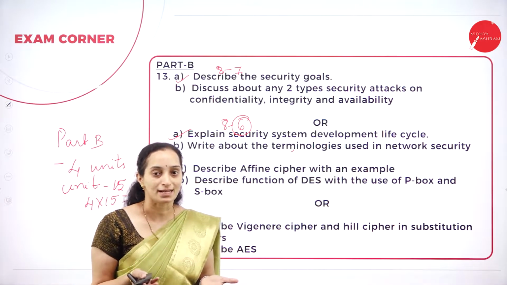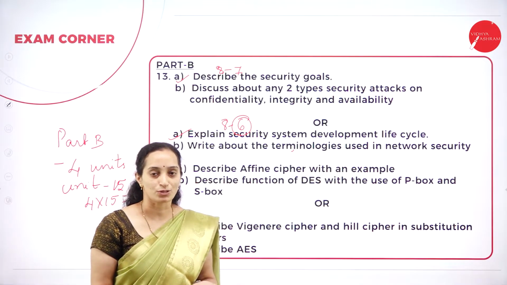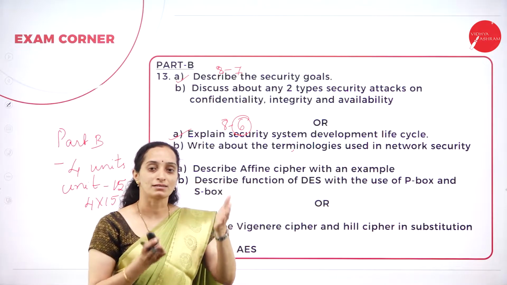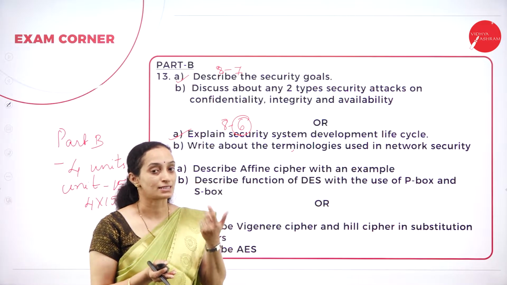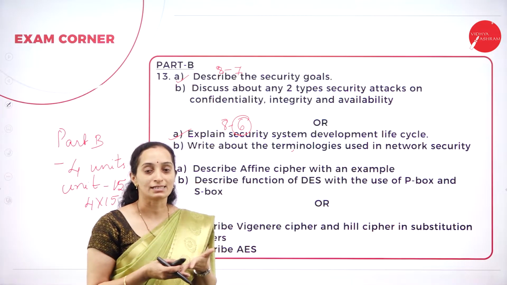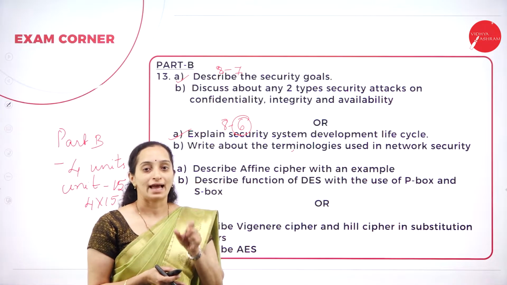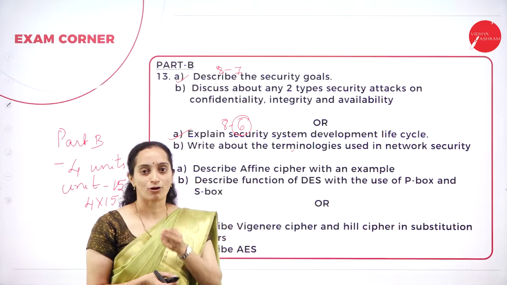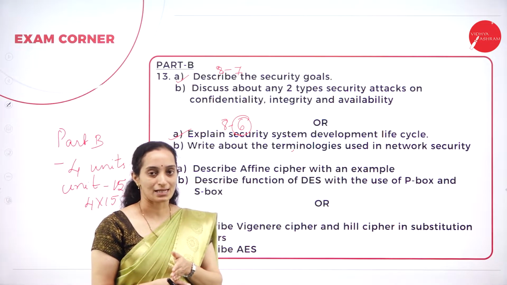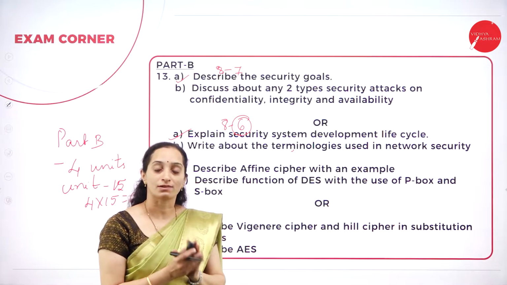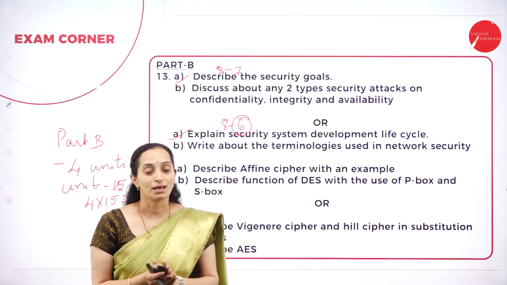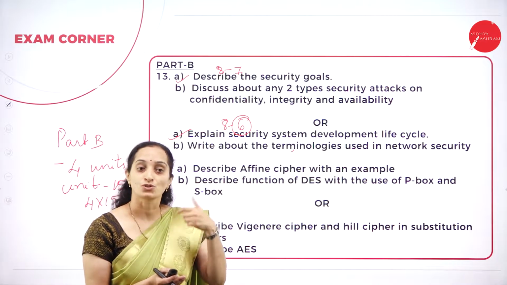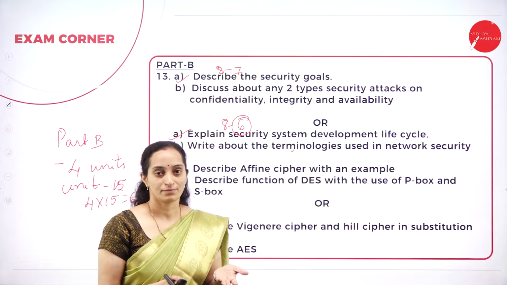Sometimes you may have written an answer which is not relevant to the question. In such a case also, if you have written the diagram correctly but the explanation may be wrong, that diagram itself will score a mark. It will be considered for marks. If you don't mention the question number, there may be chances that they may give marks to a wrong question.